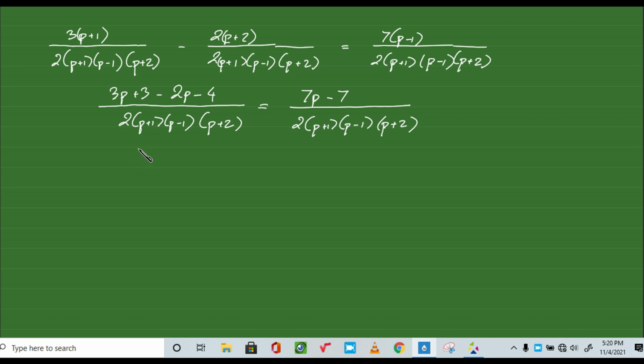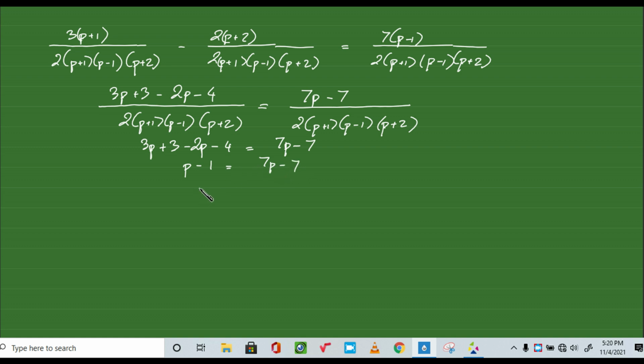So we're going to set 3p plus 3 minus 2p minus 4 equal 7p minus 7. So you see that I'm trying to follow my old strategy really strictly. So I have p minus 1 equals 7p minus 7.